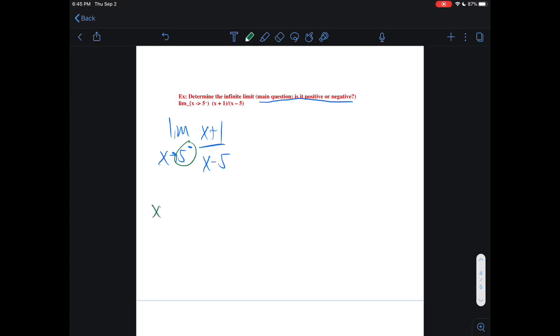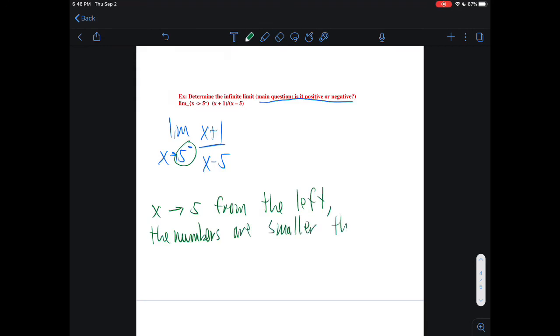So as x approaches 5 from the left, the numbers are smaller than 5. So if you take numbers that are smaller than 5, but then you subtract 5 from those numbers, you're taking a number that's smaller than 5, subtracting 5 from it, you're going to end up with negative numbers.